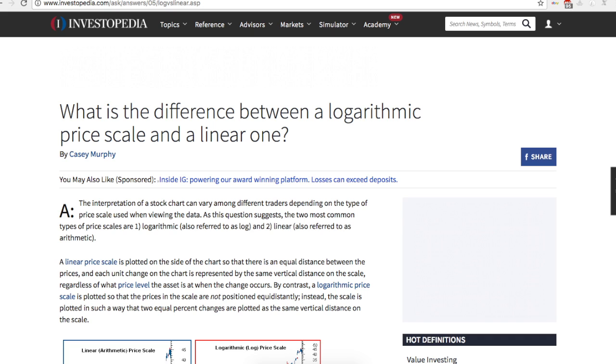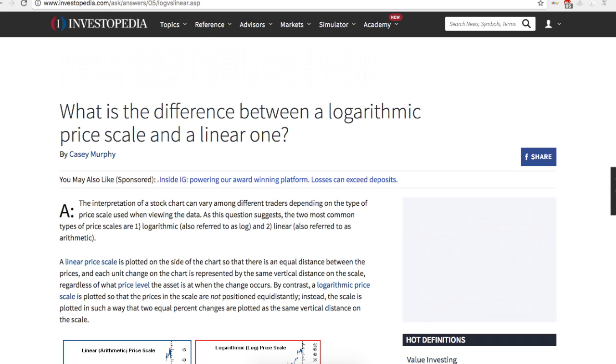So it goes on to say here in Investopedia, a linear price scale is plotted on the side of the chart so that there's an equal distance between the prices, and each unit on the chart is represented by the same vertical distance on the scale, regardless of what price level the asset is at when the change occurs.